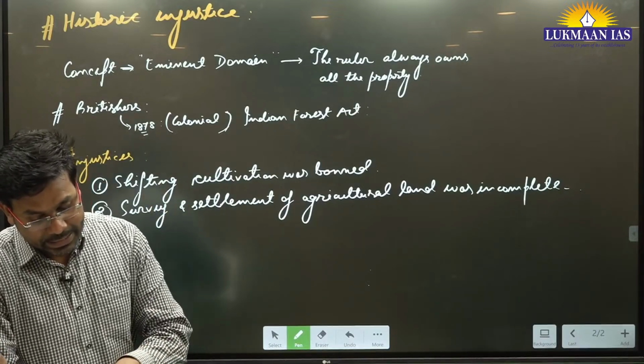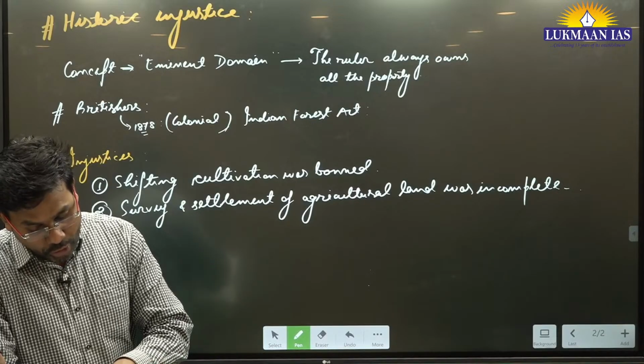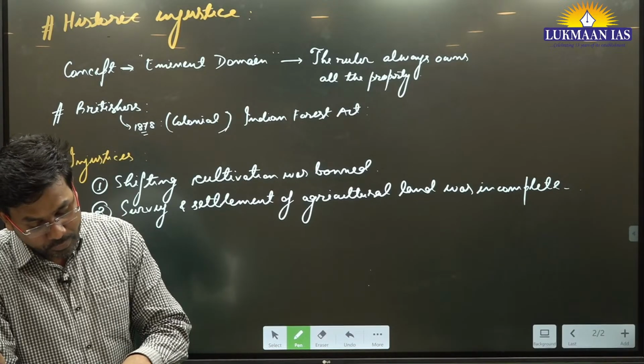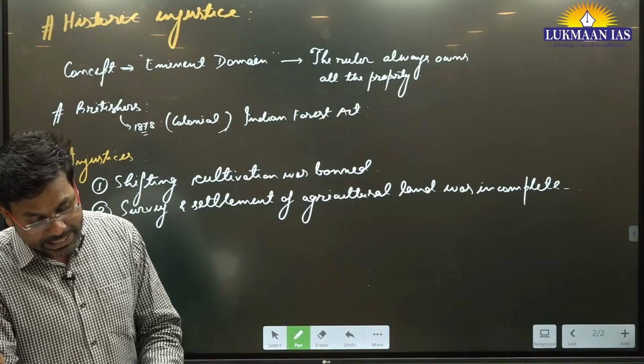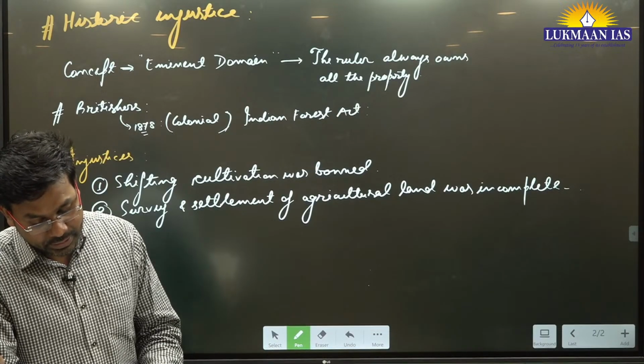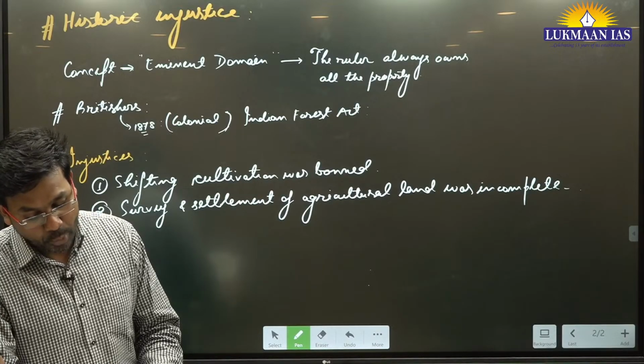Third injustice: simultaneously, to ensure labor for forestry operations, forest villages were created, wherein forest lands were leased to agricultural households in return for compulsory or virtually bonded labor.